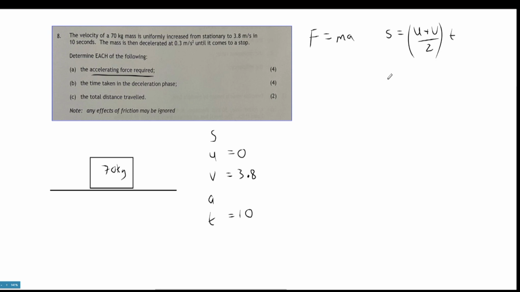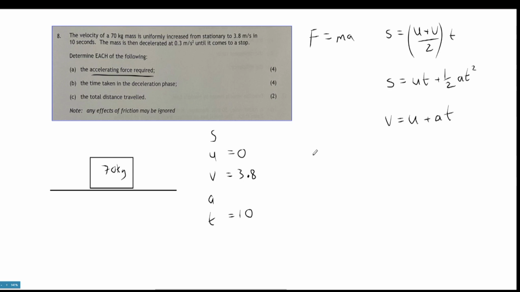Then s equals ut plus half at squared. And then also v equals u plus at. Okay. We want acceleration, we don't have the distance, so we're going to use the v equals u plus at on this one.